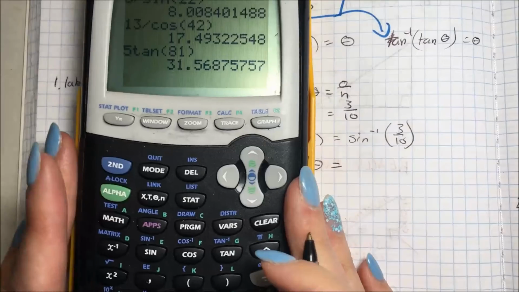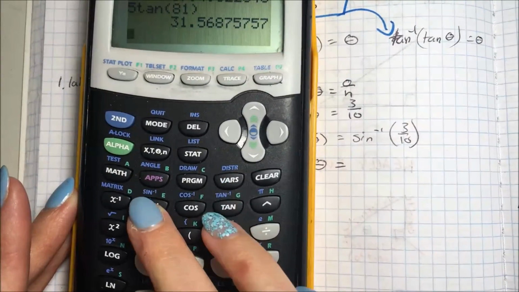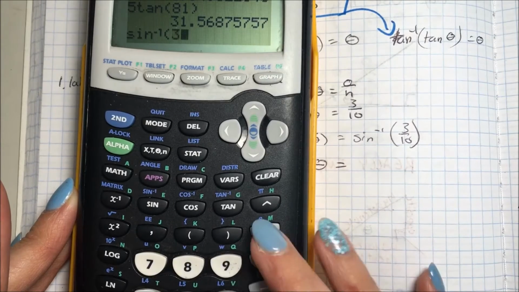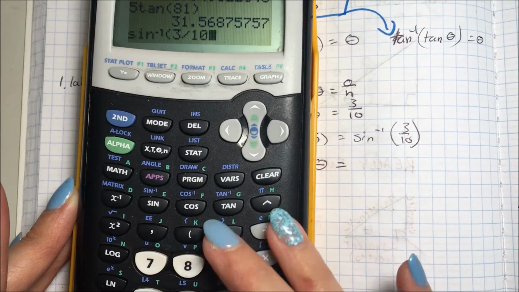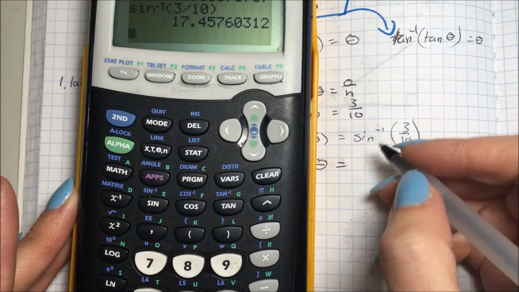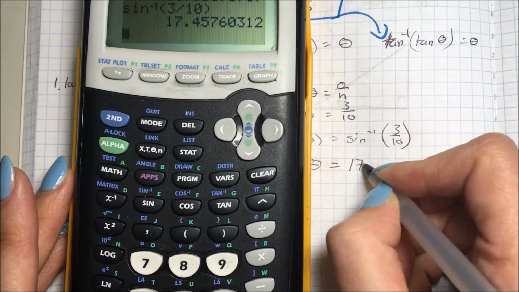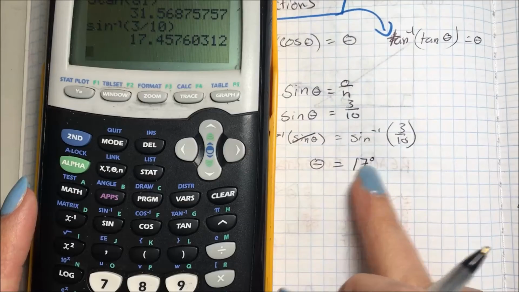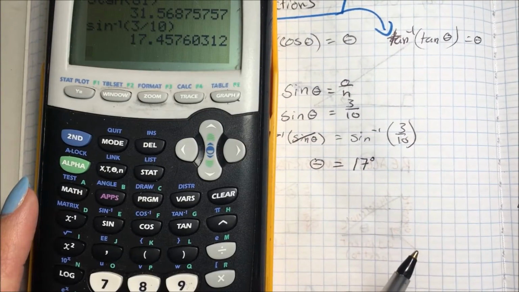In my calculator, I'm going to find sine -1, that's second sine, 3 divided by 10. So to the nearest degree, that's 17 degrees. And I always label theta with a degree.